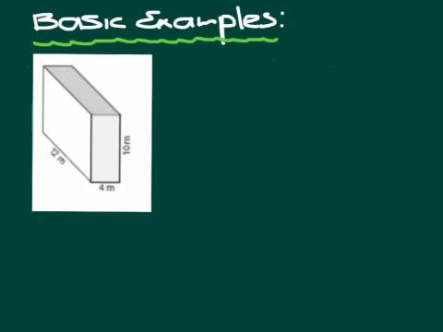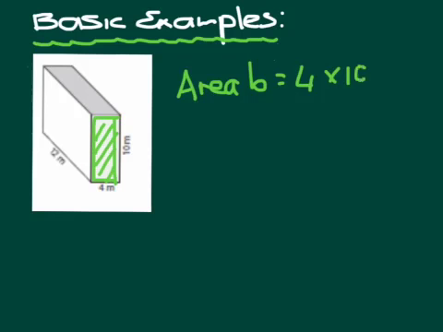Well, firstly, let's just double check that we can highlight and identify what is the face that's going to be my base and what is my height. Now remember, this is a rectangular right prism. It doesn't matter which face I use as my base, but I've decided to go with this face over here. I don't mind how you highlight it. We obviously need that area, so the area of my base is just 4 times 10, which is 40 meters squared.